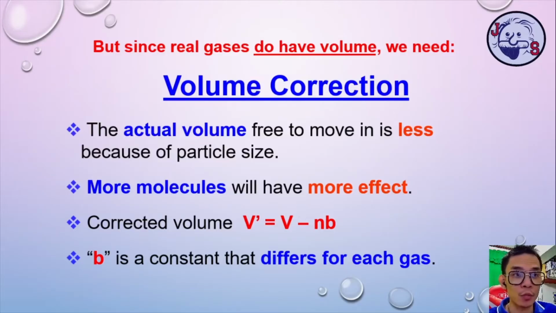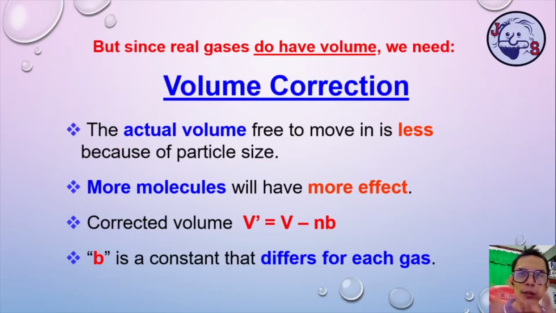What do we mean by this? If the particle size of the gas molecules is large, the volume is significant. But if the particle size is very small, the volume is negligible. So particle size plays an important factor here.